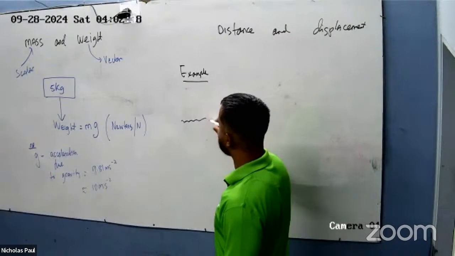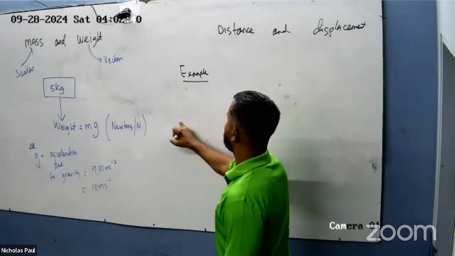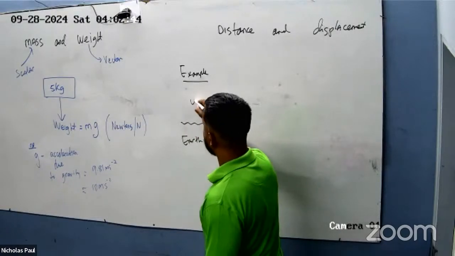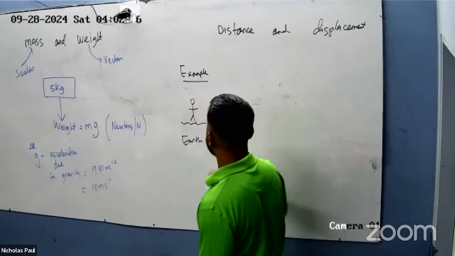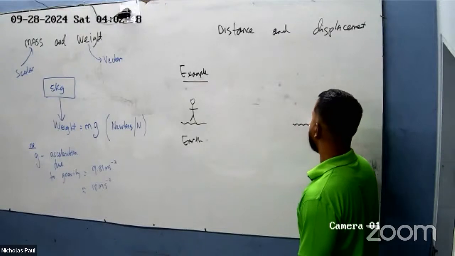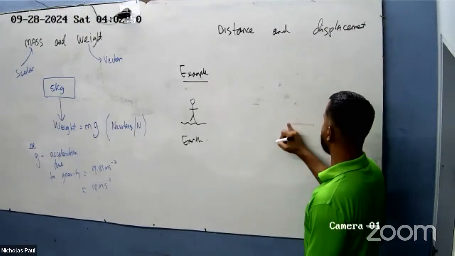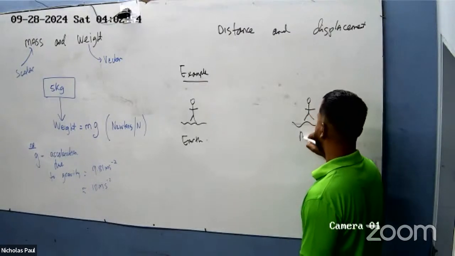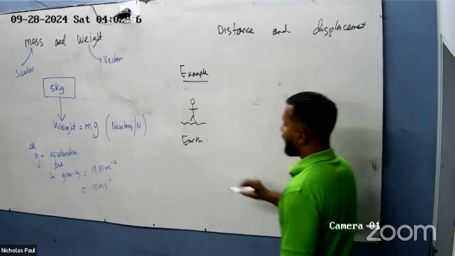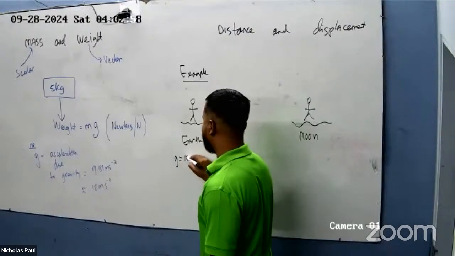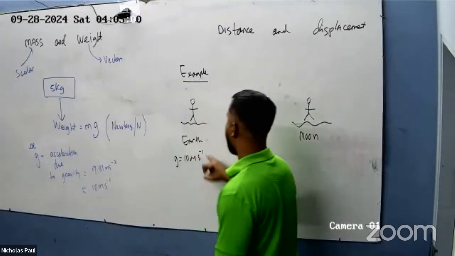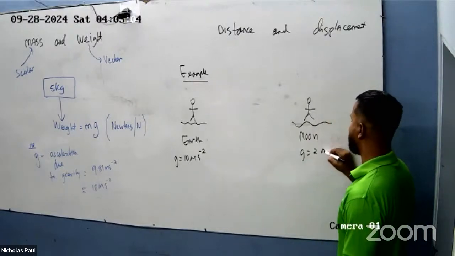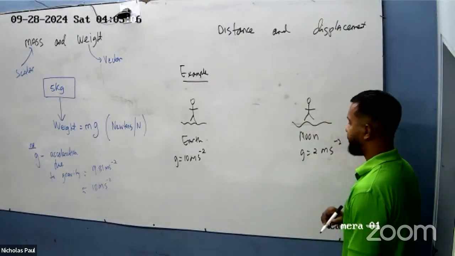Let's pretend this is Earth, and we have Nathan here on Earth. Then Nathan went to the moon. Gravity on Earth, as I said, we use as 10. And the gravity on the moon is much smaller, let's say 2.